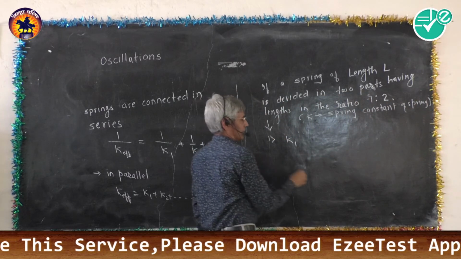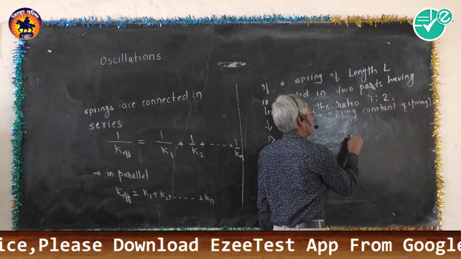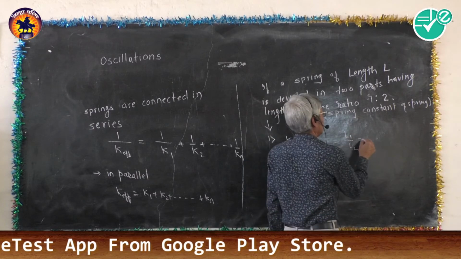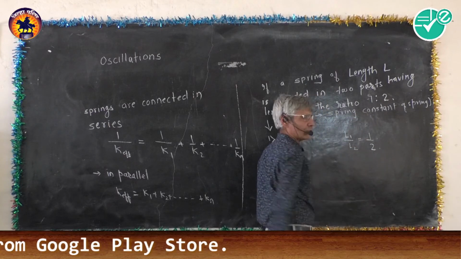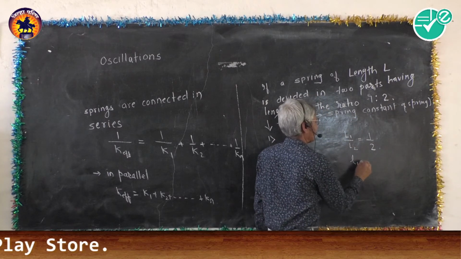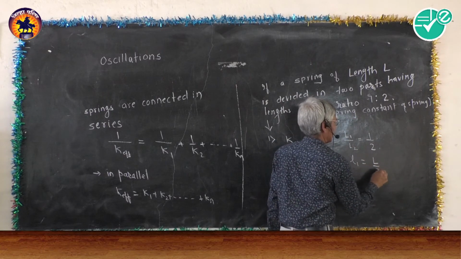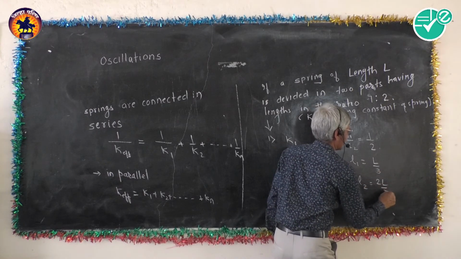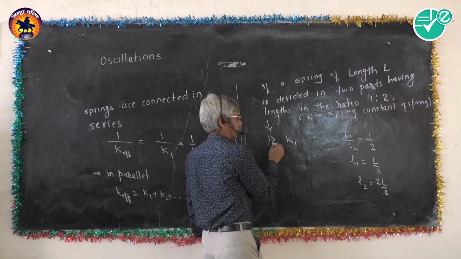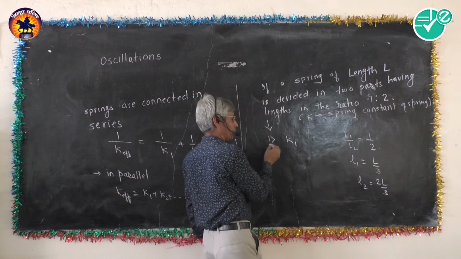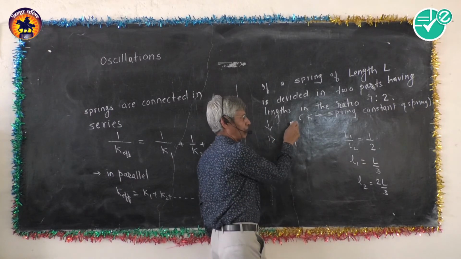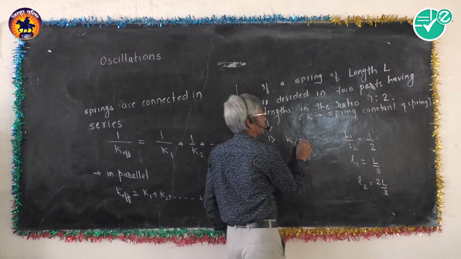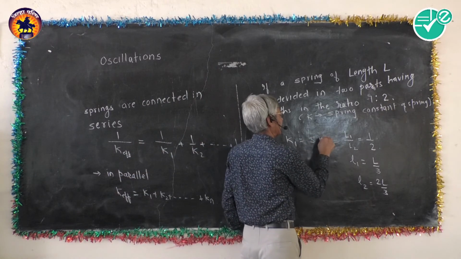Now as the lengths are divided in the ratio 1:2, the length of the first part will be L by 3 and second part will be 2L by 3. So the first answer, the force constant of the first part of the spring, will be equal to 3 times K.